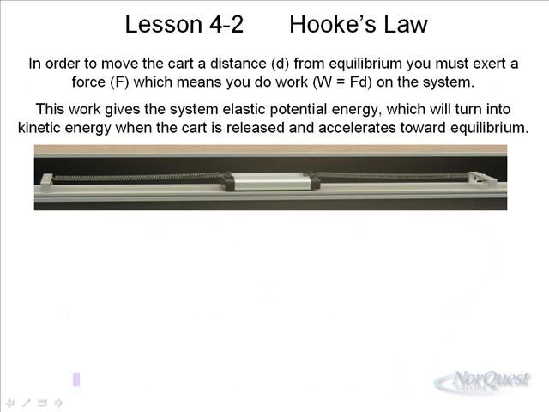So in order to move the cart a distance from equilibrium, you must exert a force, which means you have to do work. The work gives the system elastic potential energy, which when released will turn into kinetic energy. In an ideal system, you would have a trade-off between elastic potential and kinetic energy.